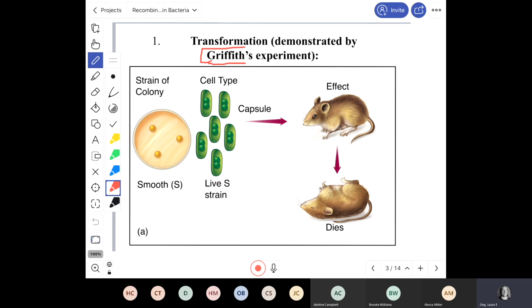So some of you may have learned about this in high school biology, or possibly Gen Bio 1, called Griffith's experiment. And in this experiment, Griffith was using a strain of bacteria that we're going to work with next week that's called Streptococcus pneumoniae.